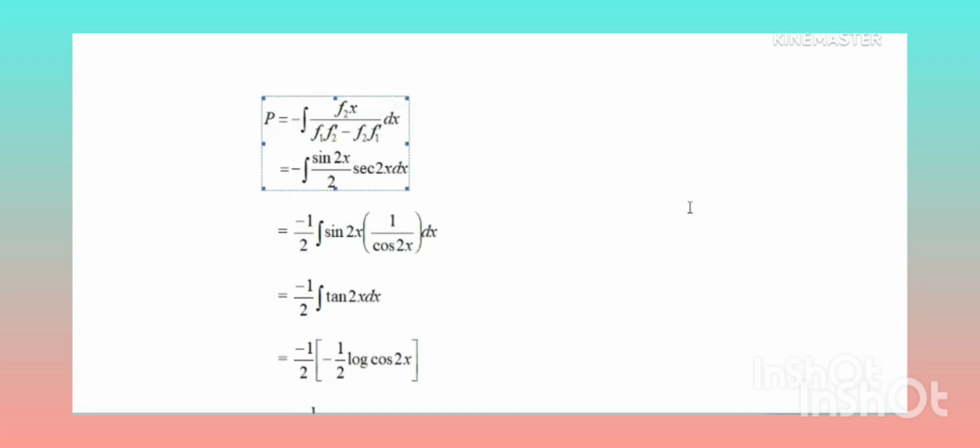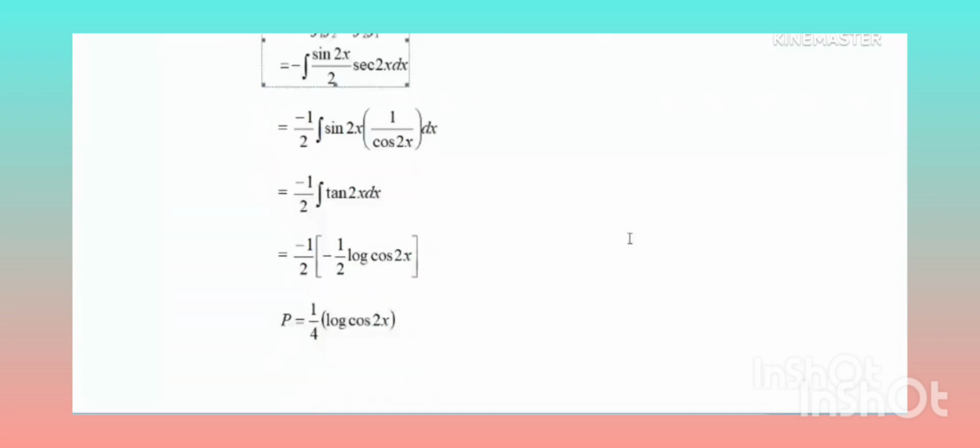So minus integral sin 2x divided by the Wronskian, which is 2. Capital X is equal to secant 2x into dx. Secant 2x can be written as, in the next step, minus 1 by 2 integral sin 2x into 1 by cos 2x into dx. So sin 2x by cos 2x will be tan 2x. So minus 1 by 2 tan 2x.